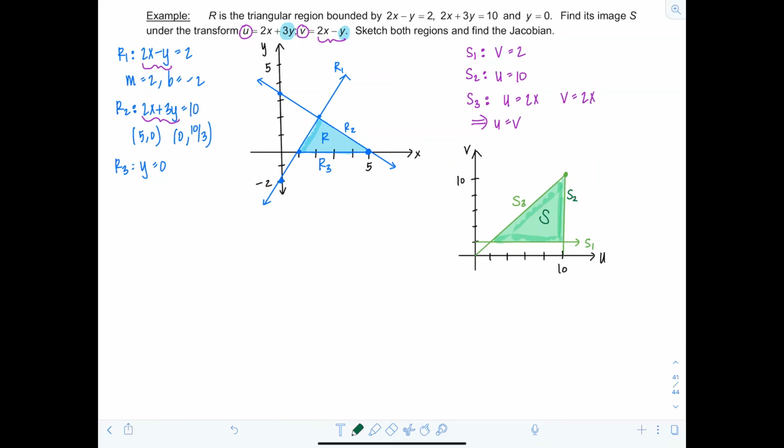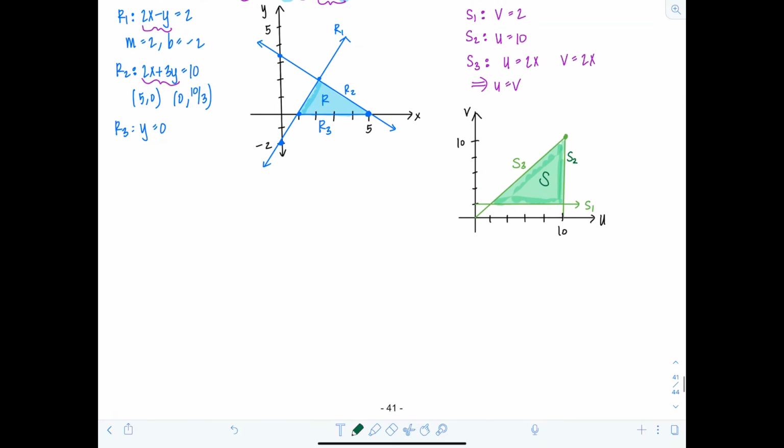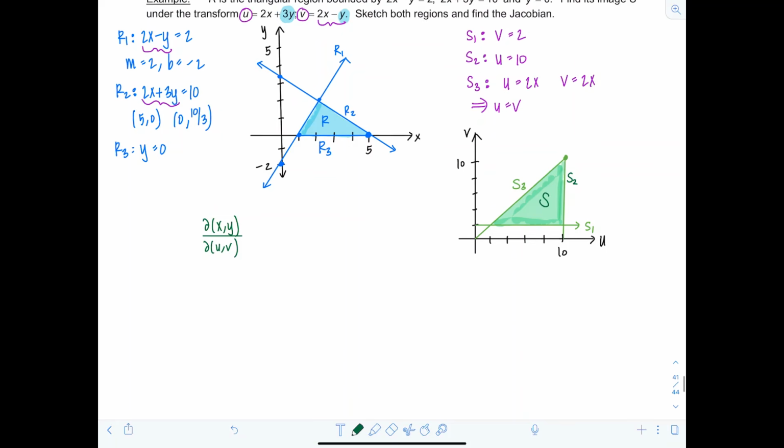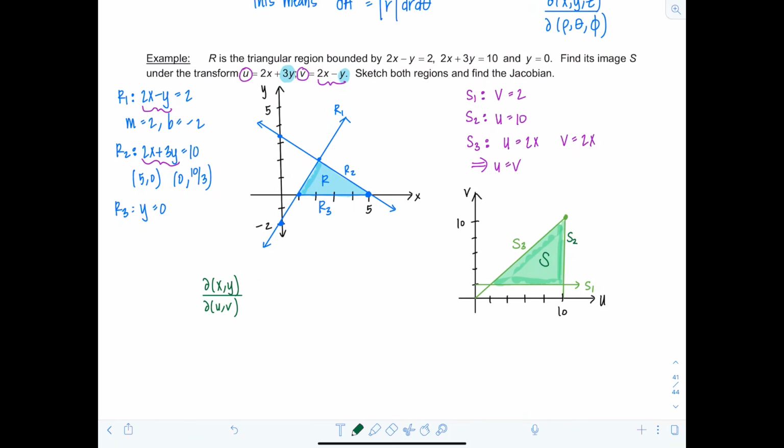Now I need to find the Jacobian. All right, well, remember the Jacobian is del xy over del uv. So I have to take partial derivatives of x and y with respect to u and v. So I have to solve x and y in terms of u and v, and at the moment I have u and v in terms of x and y. So we got to fix that.